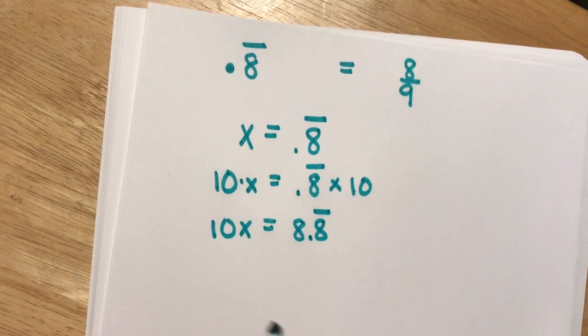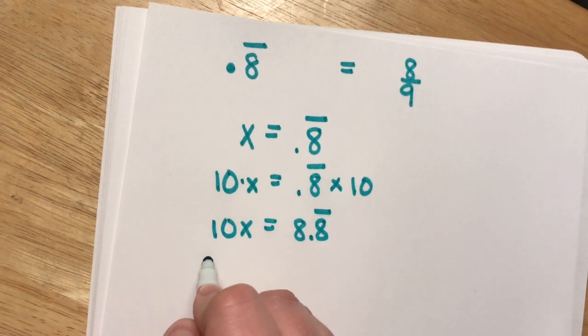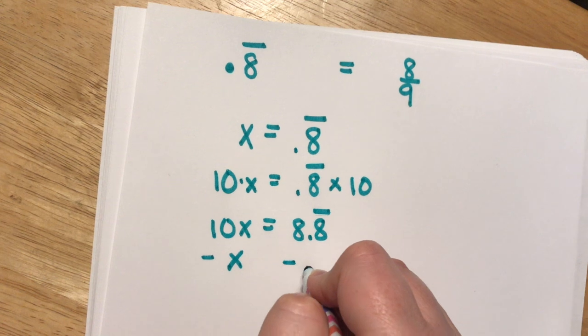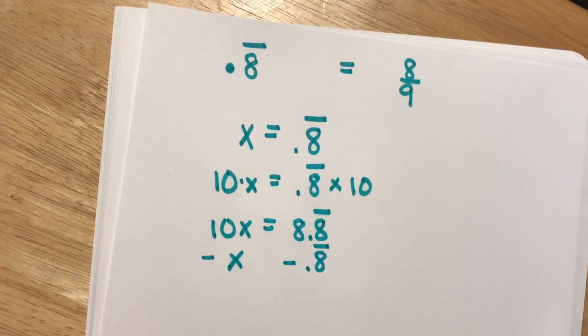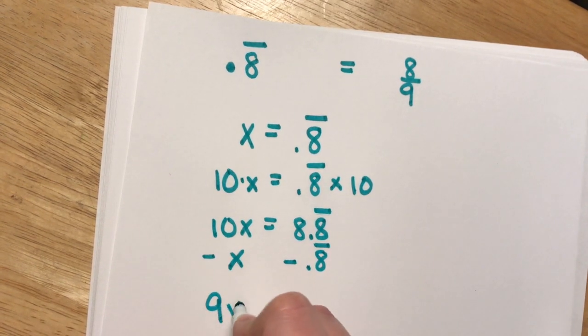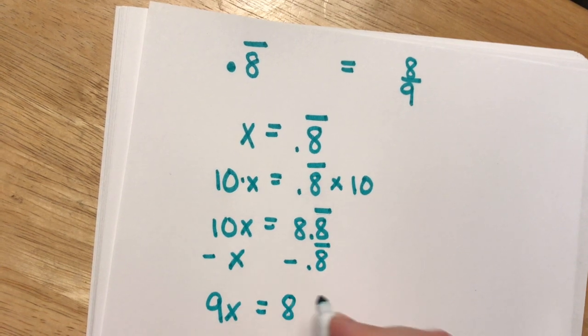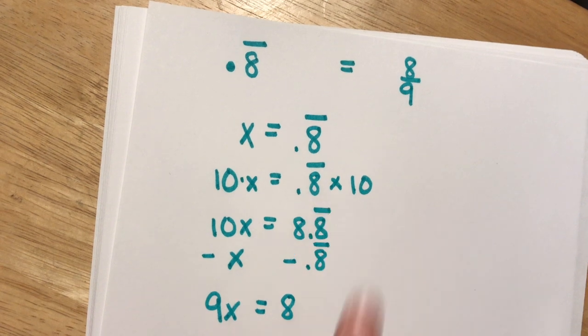In order to do that, I've got to do it to both sides. So I'm going to subtract an x over here, and I'm going to subtract the 8 tenths repeated over here. It's the same thing because they equal each other up here. So I'm left with 9x on this side. I subtract that, and I'm left with the whole number 8 over here.